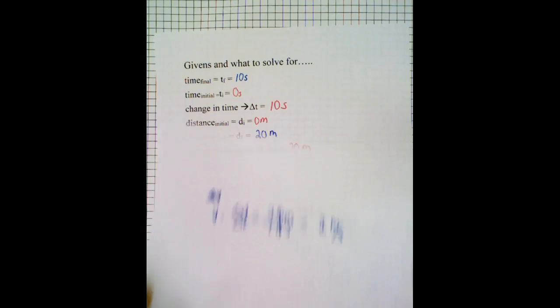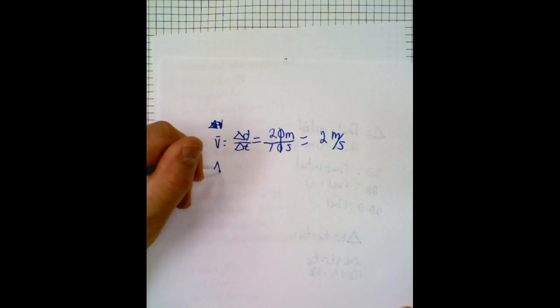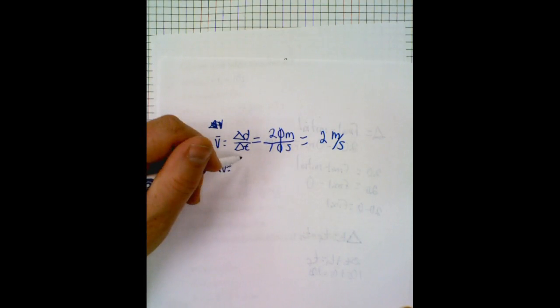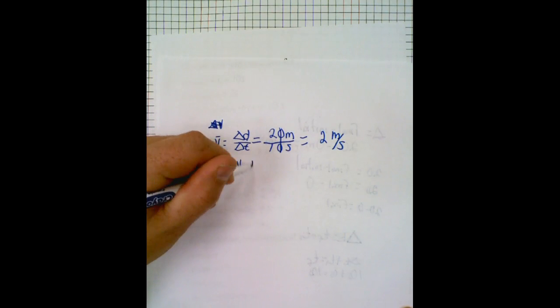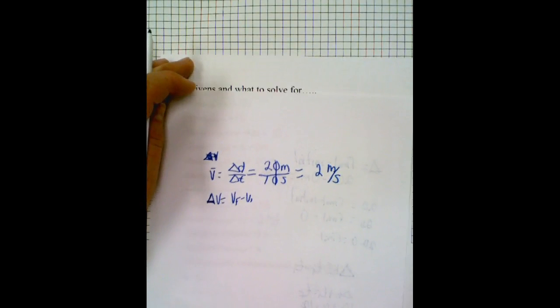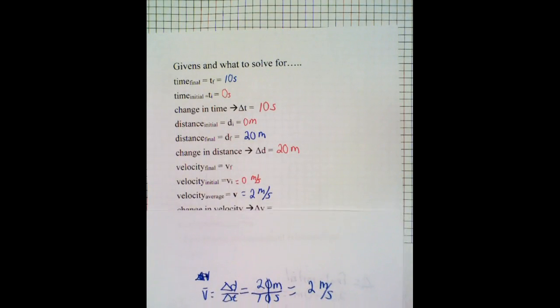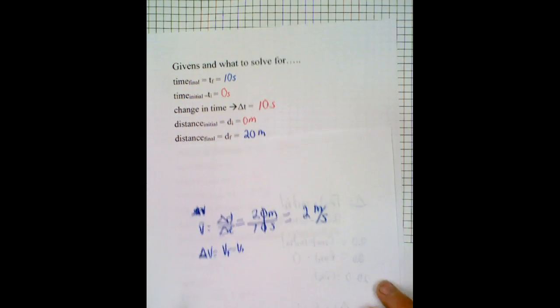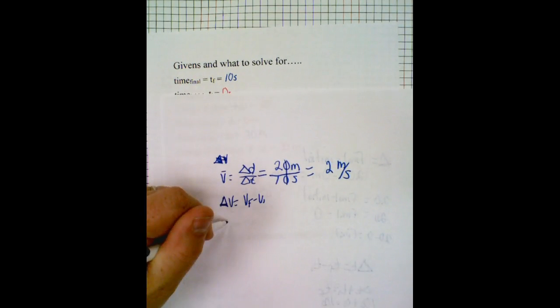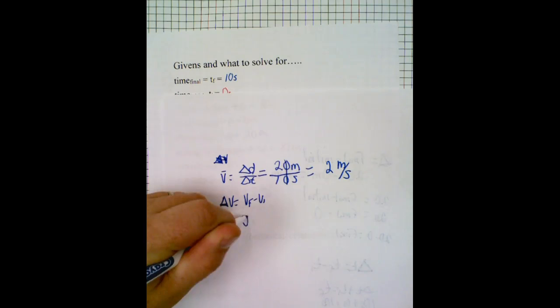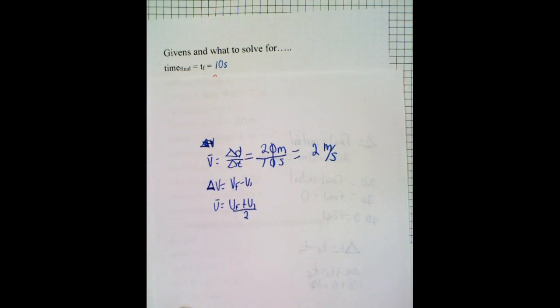Change in velocity. Once again, delta V equals VF minus VI. Do I know what that is? Not yet. I also know that velocity average equals V final plus V initial over 2.